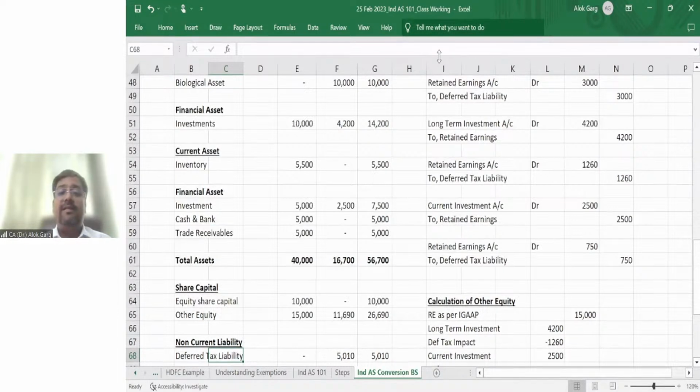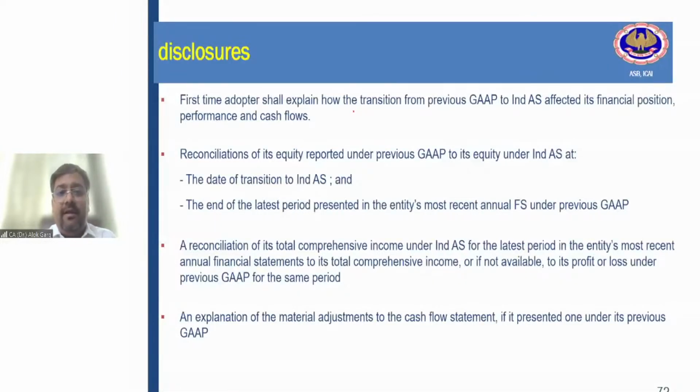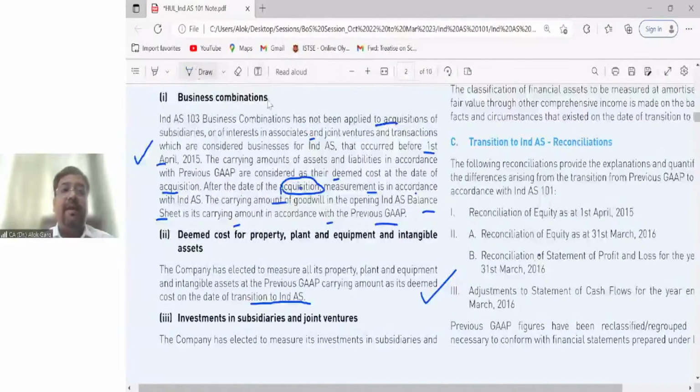Now let's discuss the disclosure part. What is the disclosure requirement? A first time adopter shall explain how the transition from previous GAAP to Ind AS affected its financial position, performance and cash flows, right? You can see that in the Hindustan Unilever annual report, where they have completely explained it.